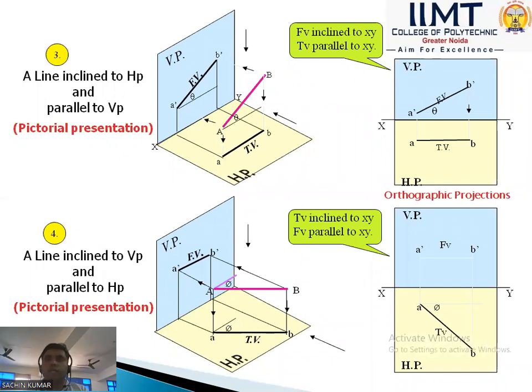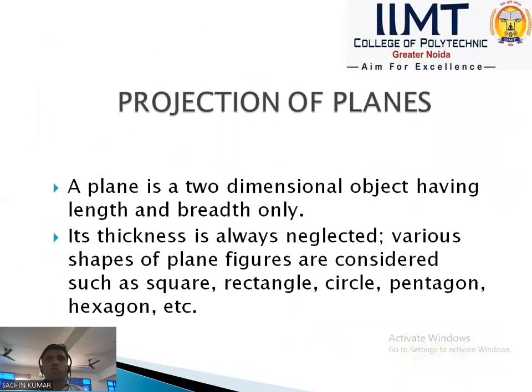In projection of lines, we can have different line conditions: a line perpendicular to VP and parallel to HP, parallel to HP and perpendicular to VP, and a line inclined to both planes. Always remember to check which view gives the true length: the front view, the top view, and in many cases in engineering drawing the side view also gives the true length. So we have discussed projection of point.